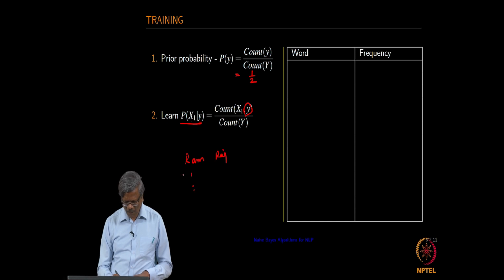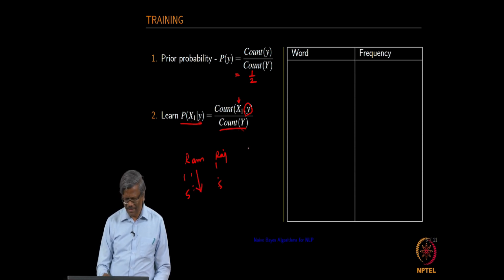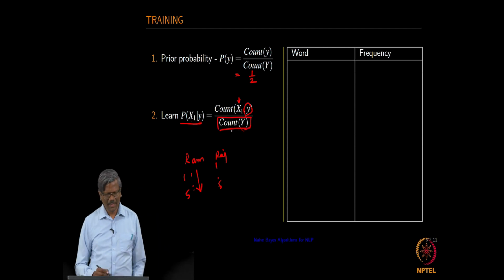So, we have 1 to 5, 1 to 5. So, you combine all of this and then count the number of words, that is what is going to be the count here. And then for x1, count the number of x1 in one class. For example, in this case for Ram, compute this, and then later for Raj, compute the same thing, but this remains the same for the computation.